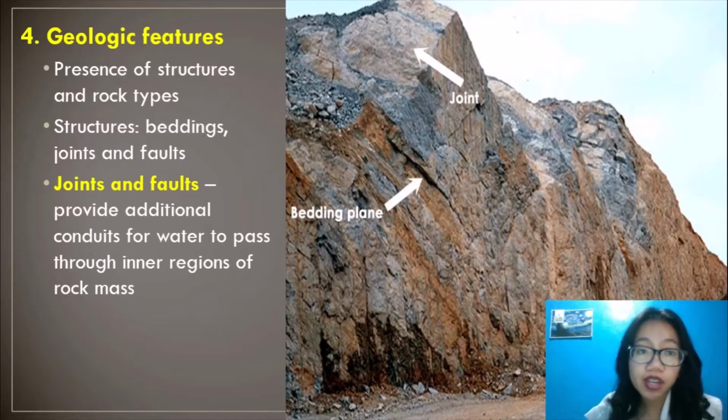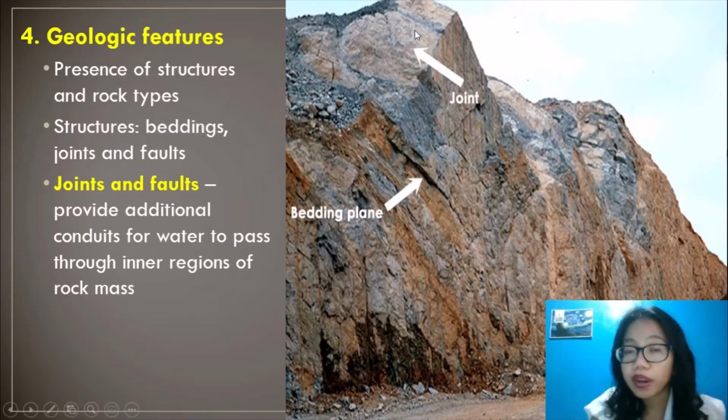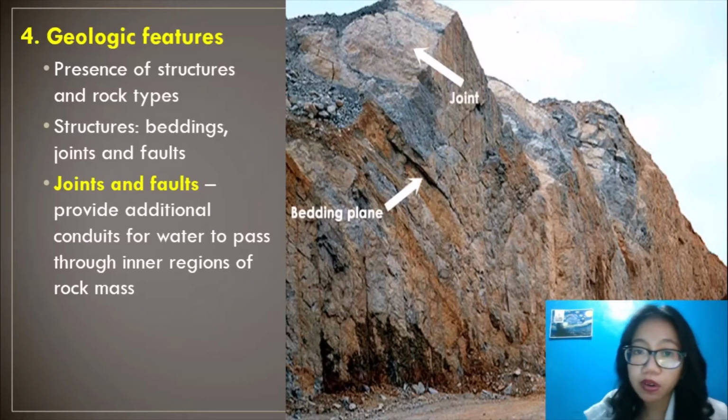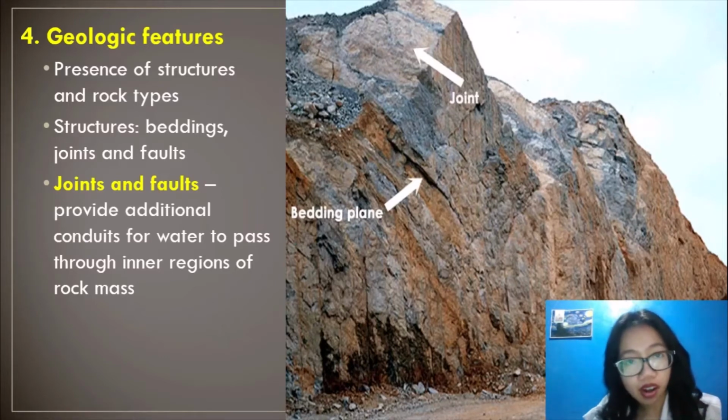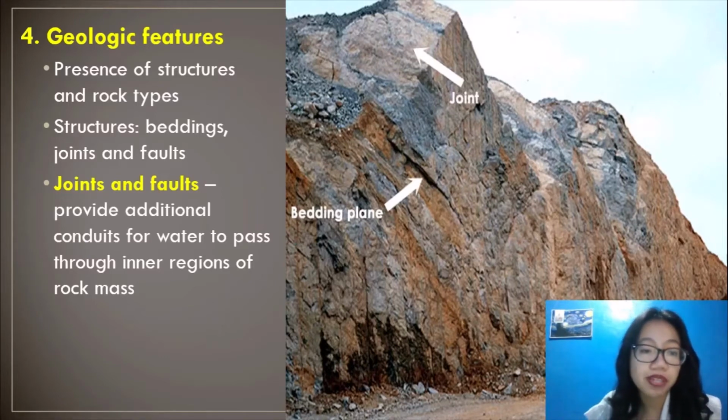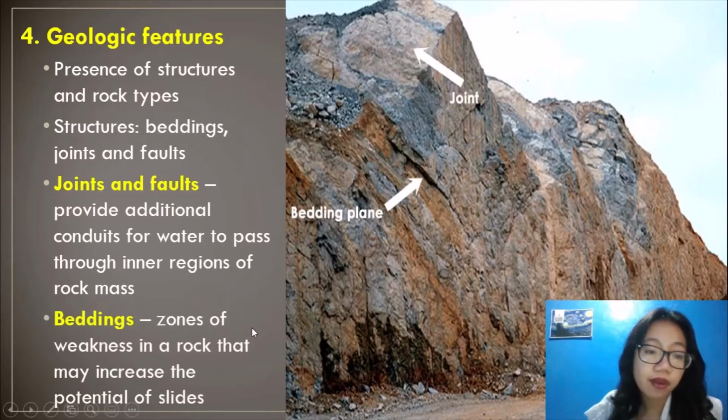If there are large joints in the rock, that could be where weathering may happen or where the rock may break apart. Here you will see that the rock already has small cracks, or joints, and if water goes in those cracks and then you have a triggering event, it may result in mass wasting.